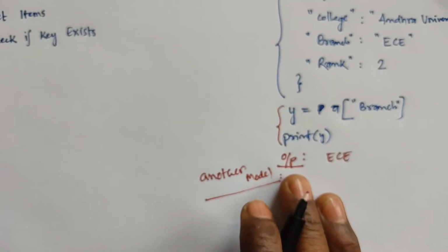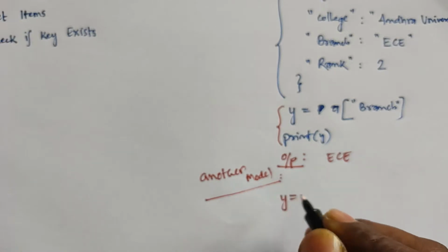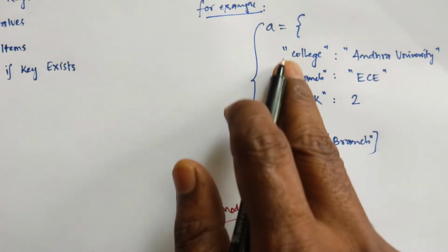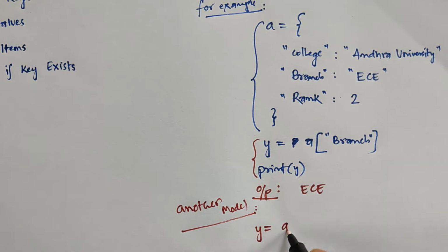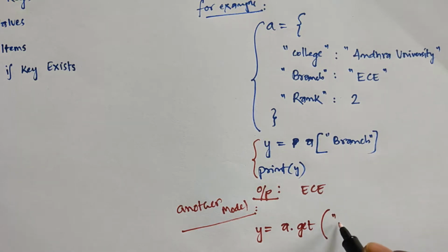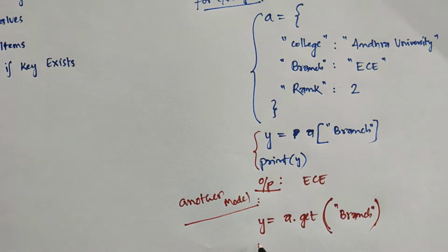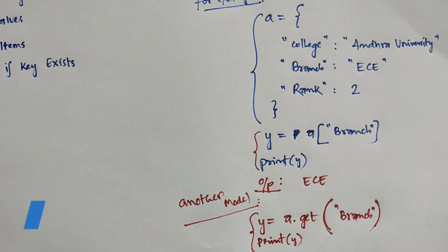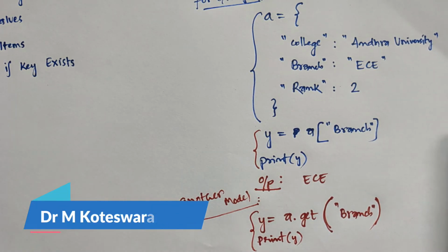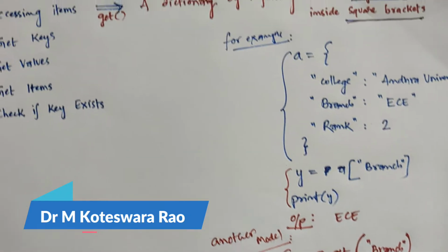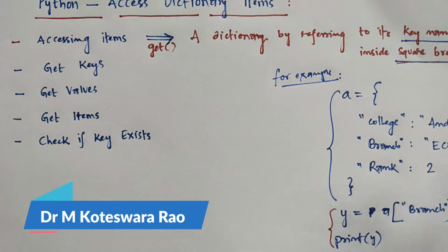Another model is to write y is equal to a dot get, where a is the variable holding the total data, and the key we are calling is branch, with the data in parentheses. After writing print of y and executing, you will get the result ECE. This is the actual model for accessing items.